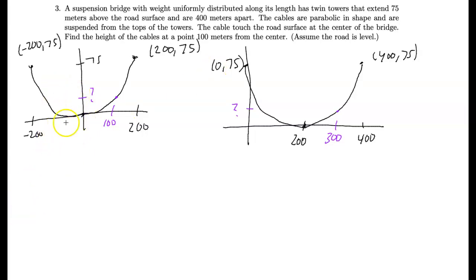And so when I look at this curve, because it's centered at the origin, the general form, the completed-the-square form, is y equals a times x minus h squared plus k.